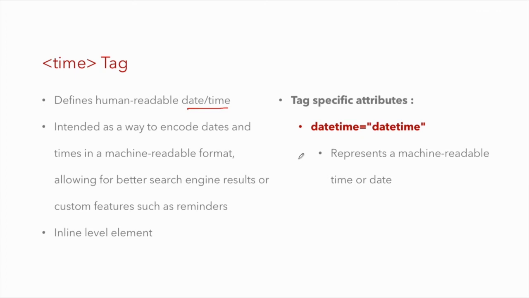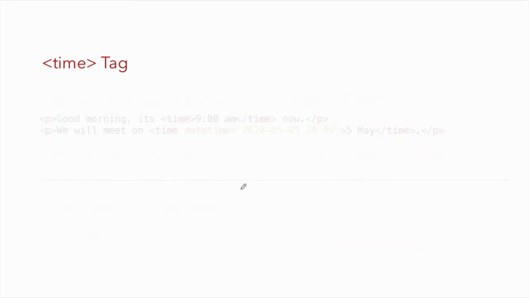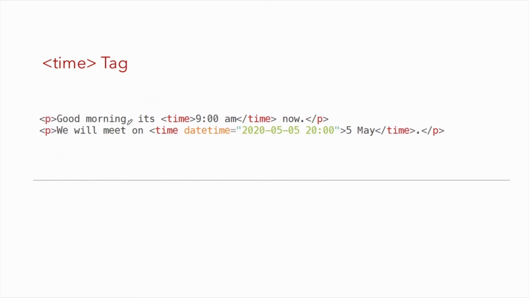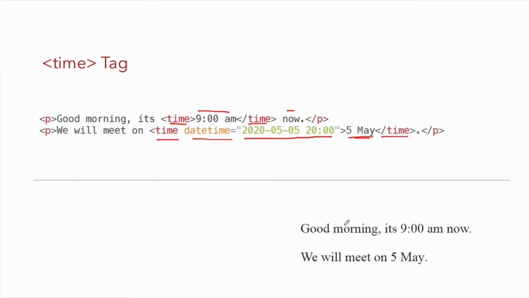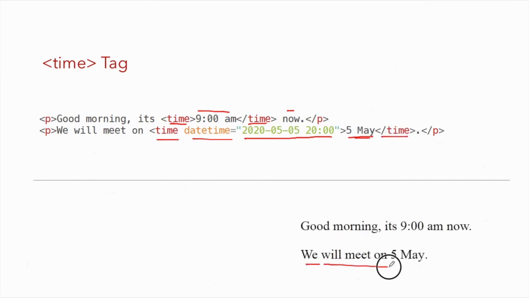You can specify it using the datetime attribute, which represents a machine readable time or date. Here is one example. I'm saying good morning, and now we will meet on the time element with datetime. This is a system format, and I'm just specifying 5 May here. For the user it will be displayed like this: we will meet on 5 May.